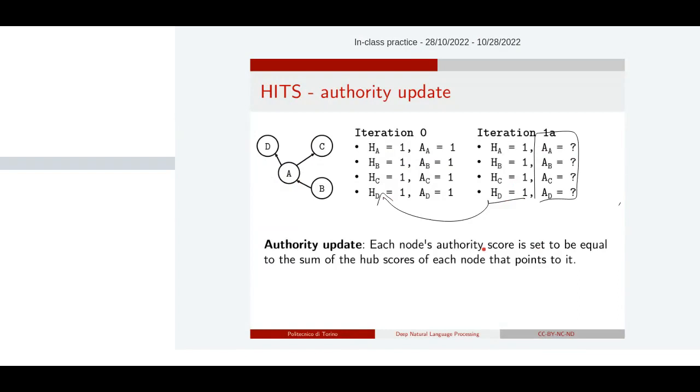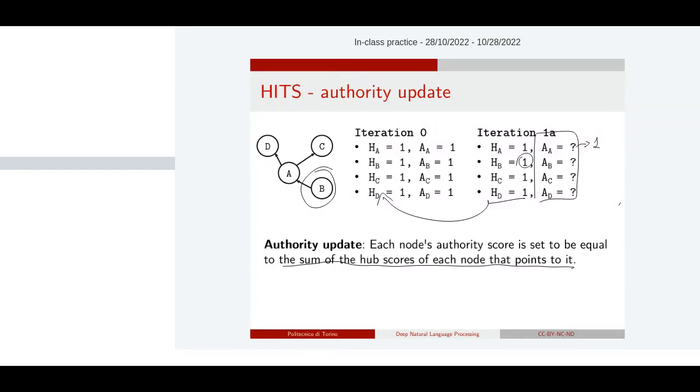Each node's authority score is set equal to the sum of the hub scores of each node that points to it. For the node A, what are the nodes that point to it? I have only B. So in this case, the authority score for A is equal to 1, because it's the hub score of the node that points to A, and I have only B. What happens to this? Okay.